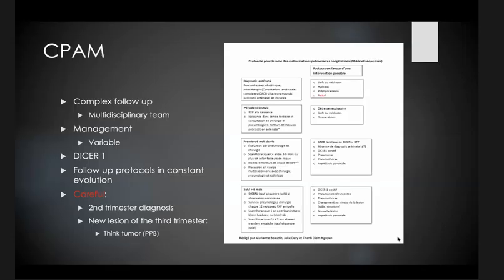In our institution, we had meetings with radiology, pneumology, and surgery, and we came up with a follow-up. It's in French, but it's just for the concept. We discuss each baby in multidisciplinary teams. Basically, each place has its own teams, and they discuss all those babies.